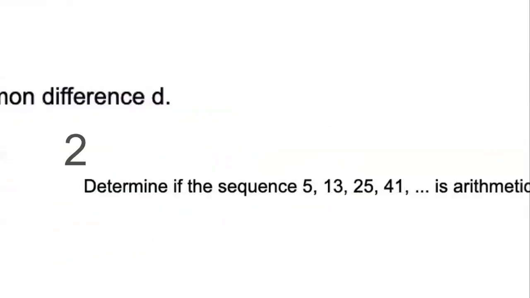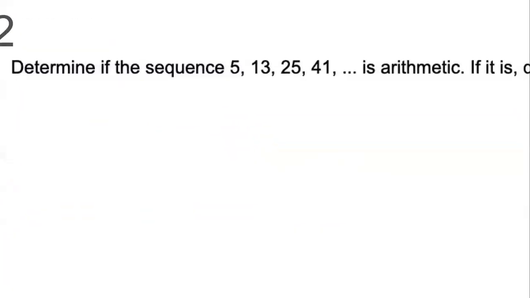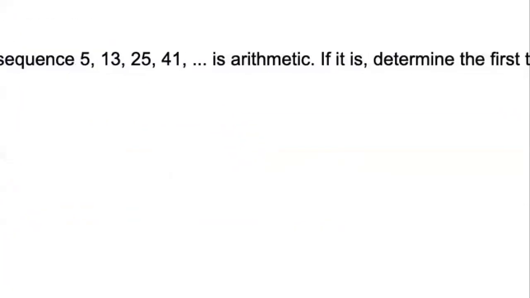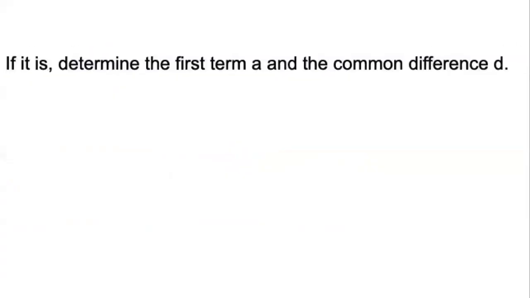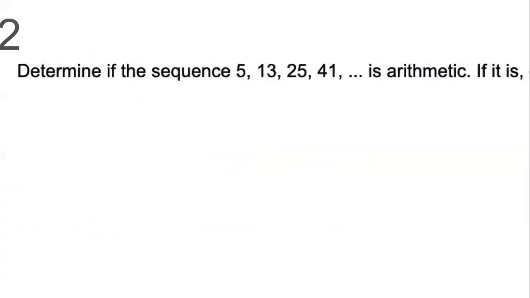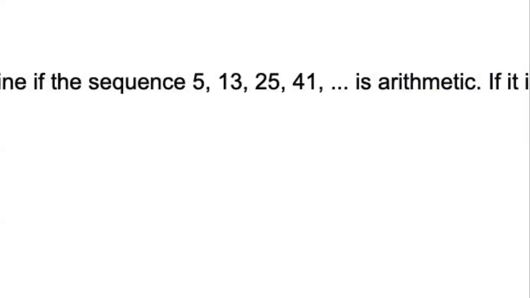Number 2 says, determine if the sequence 5, 13, 25, 41 is arithmetic. And if it is, determine the first term and the common difference. So what's the common pattern between 5, 13, 25, and 41? How do you go from 5 to 13? 13 plus 8 is not 25. So what are you adding to 13 to get to 25?